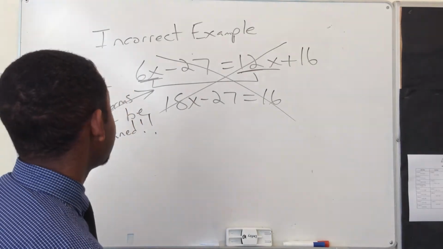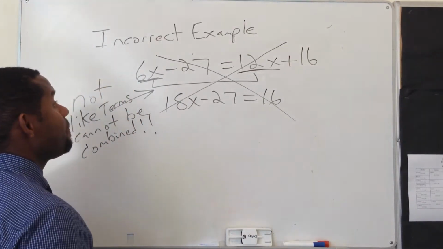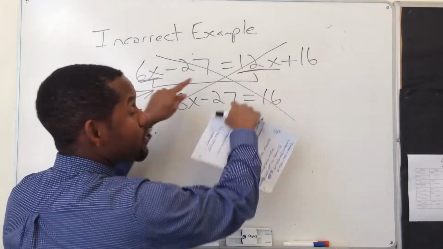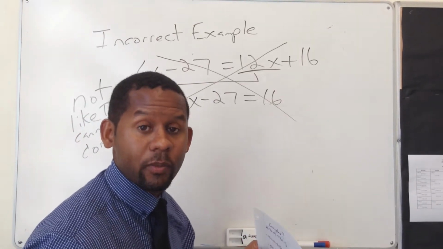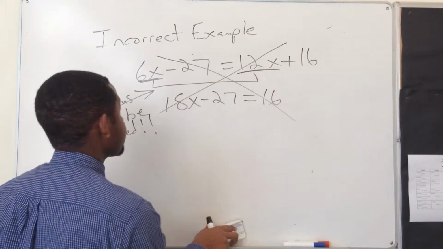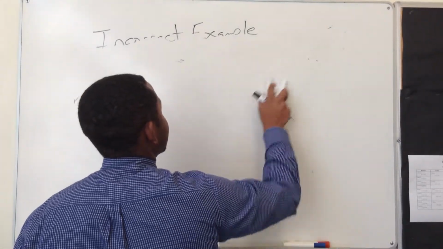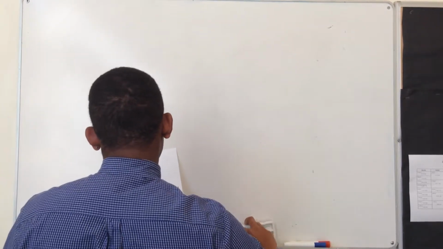Can't do it. Not going to work. So make sure you don't do that. That does not work. I can't just put these together across the equal sign. I don't know how many more ways to say it. Don't do it. Don't make that mistake. Okay? So there's your incorrect example. It's one of the mistakes that you've been making.